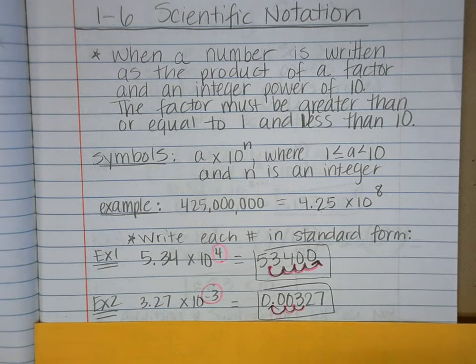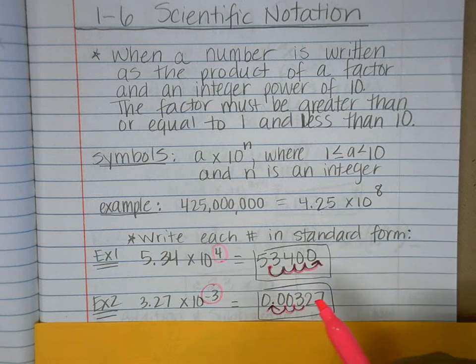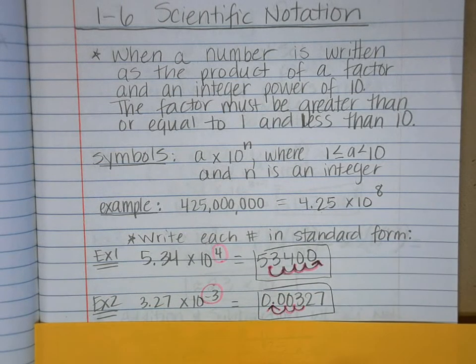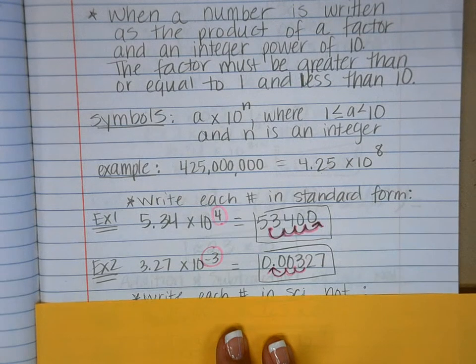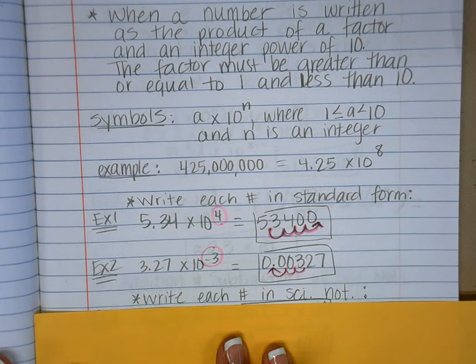So positive is right, negative is left. And just like the number line, positive numbers go to the right and the negative numbers go to the left. So that's how you remember. Which direction are you moving? Okay. So that's writing it in standard form.